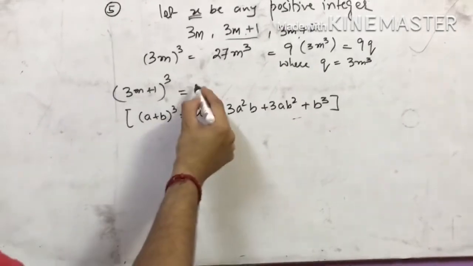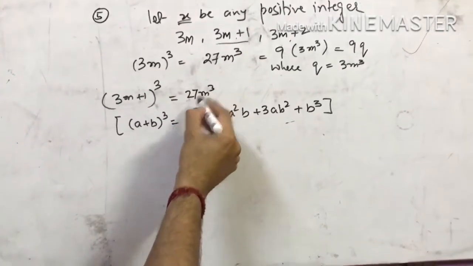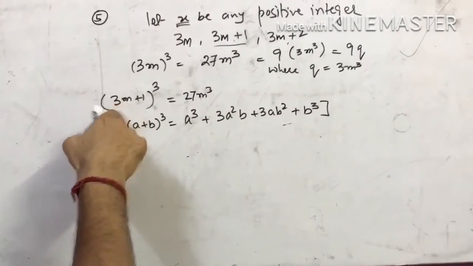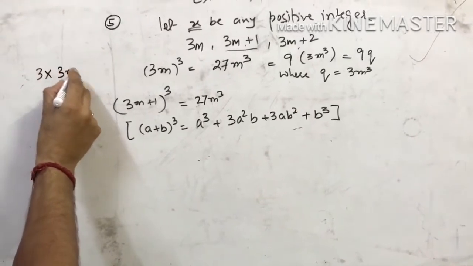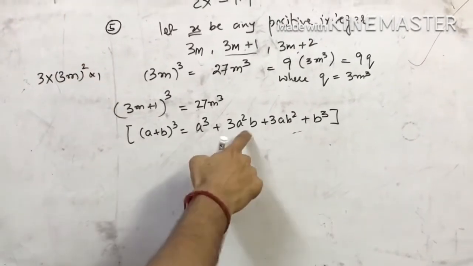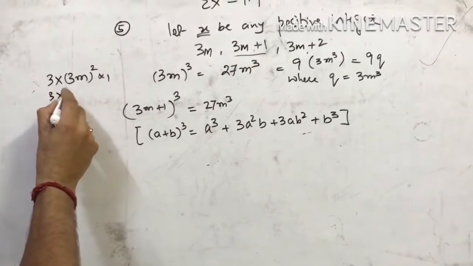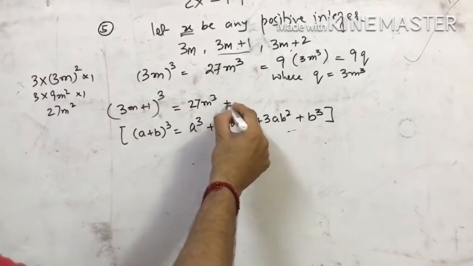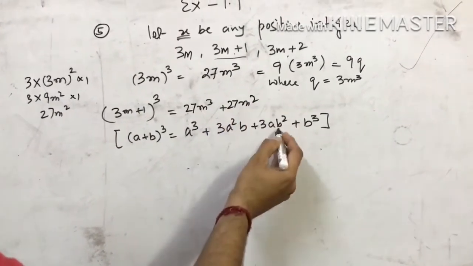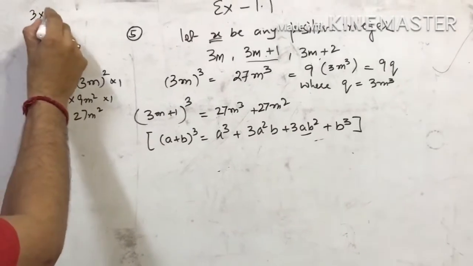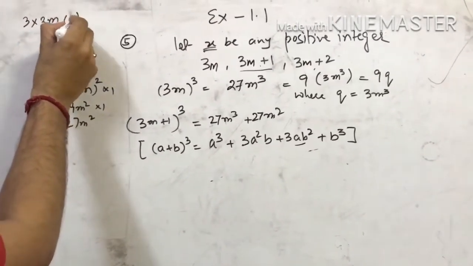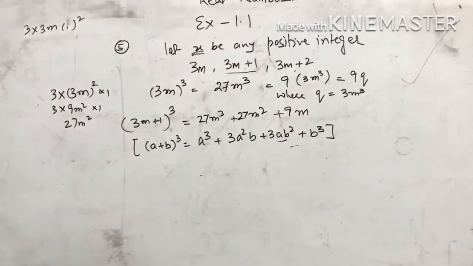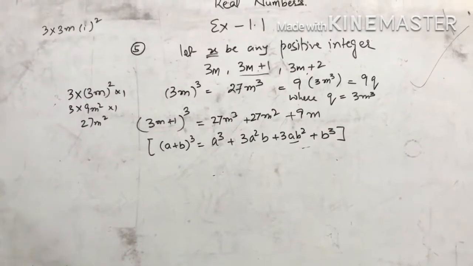So a cube means it will be 27m cube. 3a square b means 3 into a square into b, so you will get 27m square. Write down 27m square. So 3ab square means this, so you will get 9m. And the final is b cube.